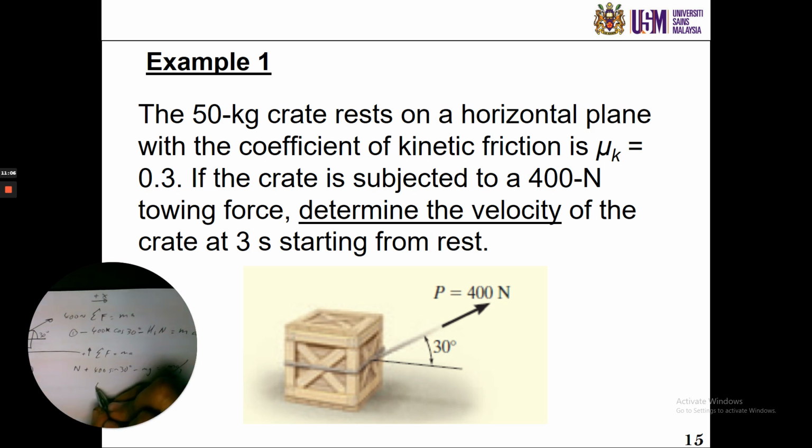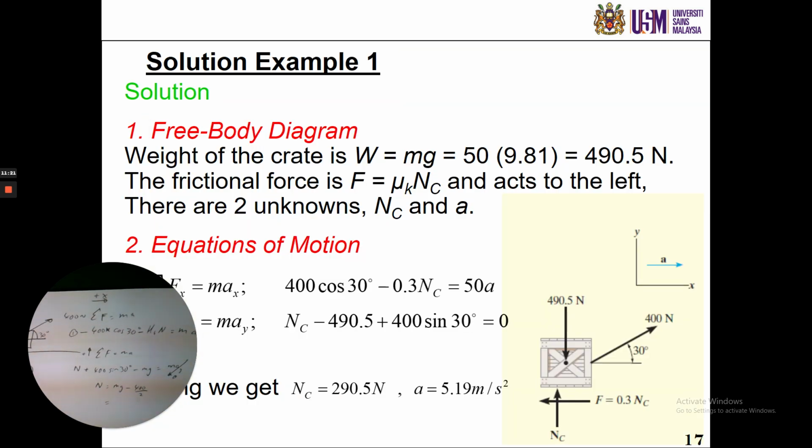From here we can solve for N, which is mg minus 400 sine 30, where sine 30 is 1/2. mg is just 490.5, right?